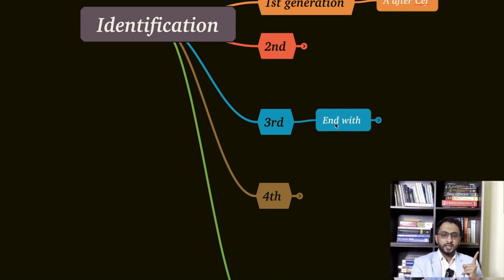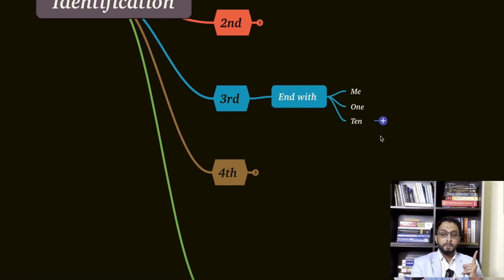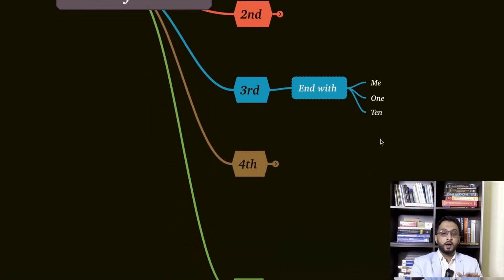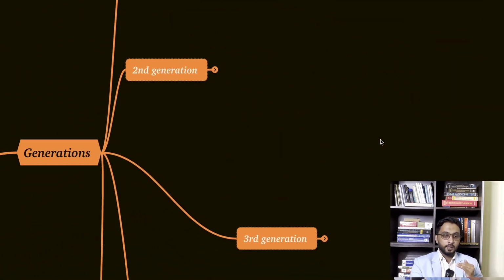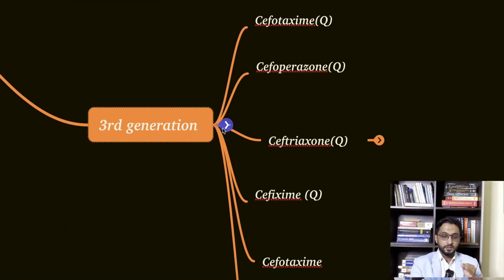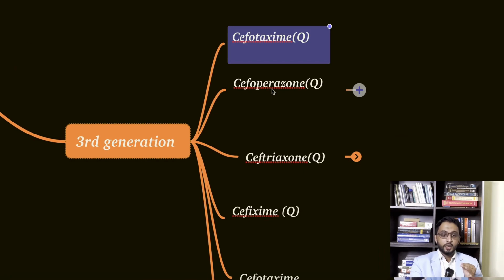All the third generation agents end with ime, 1 or 10. That's how you learn. First is A after Ceph, third is ending with ime, 1 or 10. Ceph-ime, Ceph 1, Ceph 10. Second, we are just waiting there. So what are the examples here? See, cefotaxime, ime in the end.